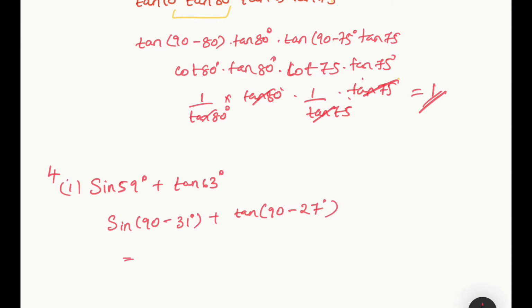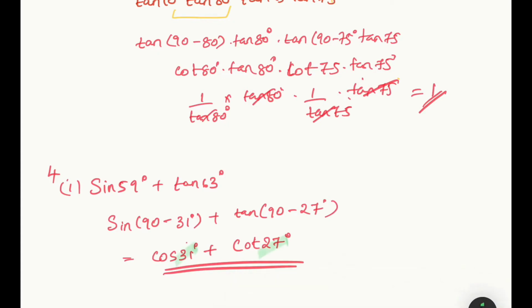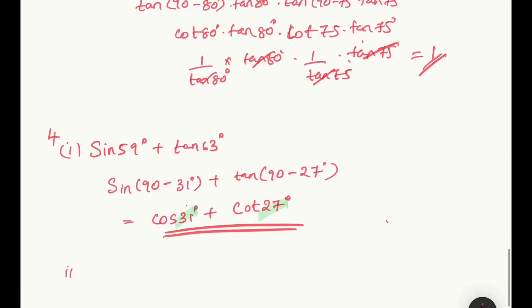So this can be written as, sin(90 minus theta) is cos theta. So cos 31 degree plus cot 27 degree. So now we see we got an angle between 0 and 45 here. Okay. So let me do one more question from this main.